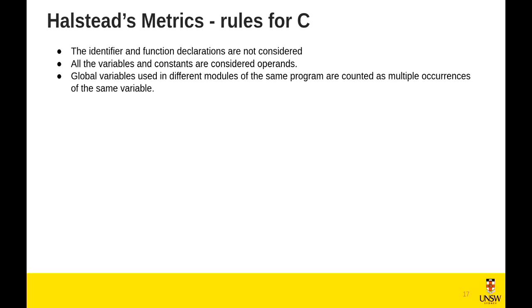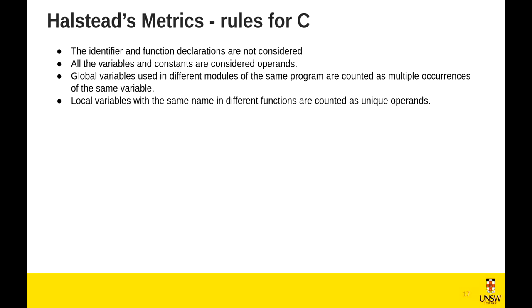This is easy to understand. Global variables used in different modules of the same program are counted as multiple occurrences of the same variable. So we count it multiple times if it is used in different modules. Local variables used with the same name in different functions are counted as unique operands. So we also count them multiple times when we count the total number of operands.